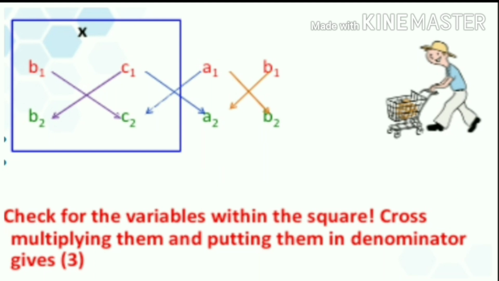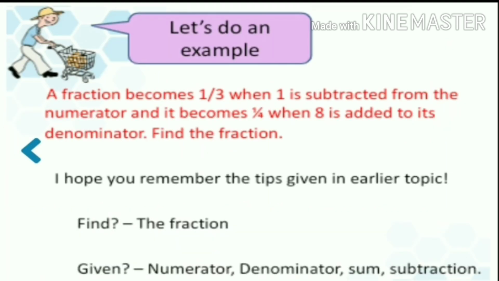Then we will take the next square, for c1 c2 and a1 a2. So what will come? y upon c1 a2 minus c2 a1. Then we will take the third square, that is a1 a2 and b1 b2. So what will come? 1 upon a1 b2 minus a2 b1. Got it? Okay, so let's do an example.